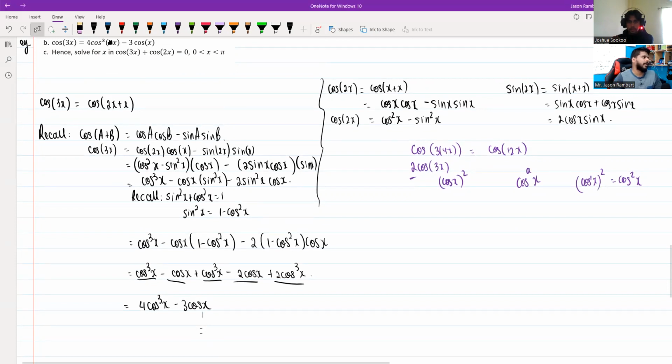Hence, solve for x in cos 3x plus cos 2x is equal to 0. Now, how do we know to use radian measure? Radian measure is indicated to be used when we have the domain in terms of pi.